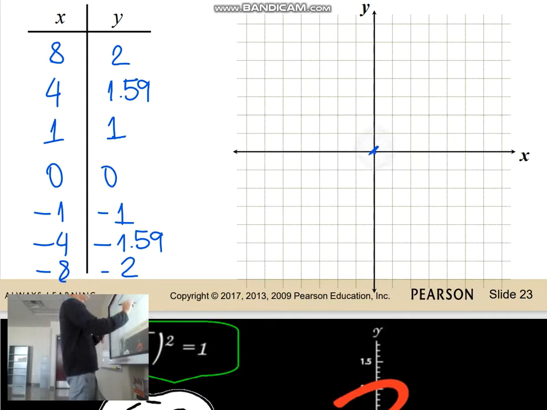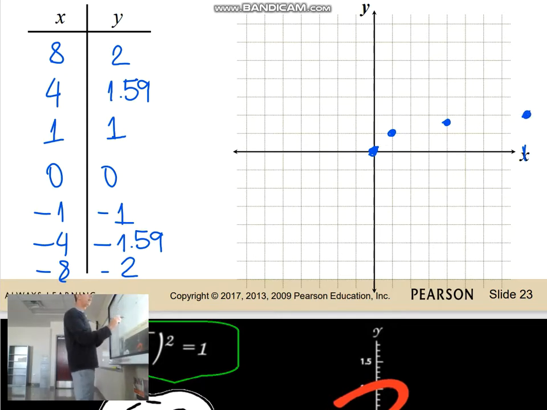So we start here on 0, 0, 1, 1, and we have 4 for x, y equals 1.59 somewhere here, and for x equals 8, 1, 2, 3, 4, 5, 6, 7, 8, it's going to be kind of here, and y equals 2, right here.